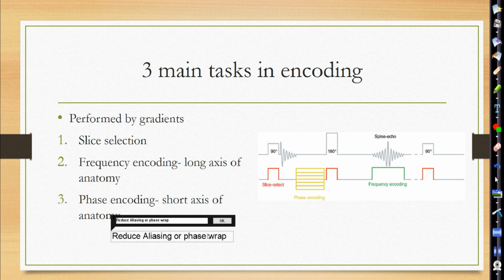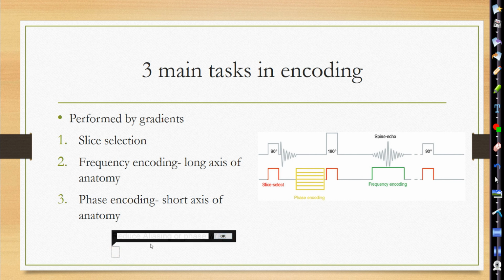And another good reason we always put the phase encoding as the shorter axis is because the number of phase encoding steps is part of what? Scan time equation. Okay.